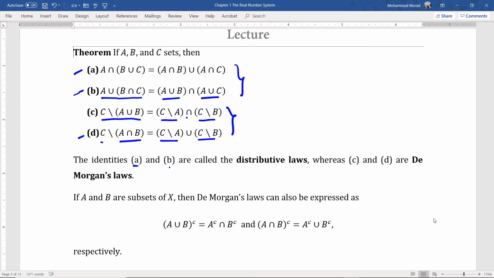If A and B are subsets of X, then De Morgan's laws can also be expressed in this form.